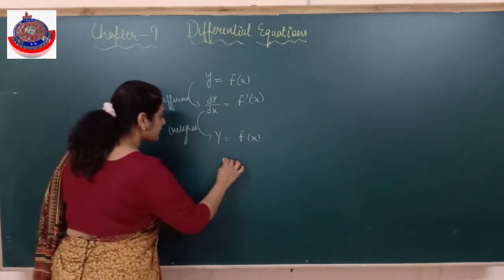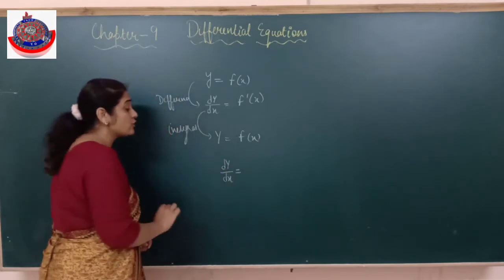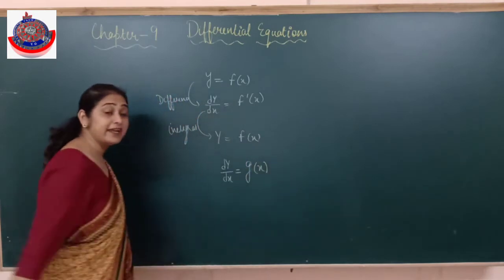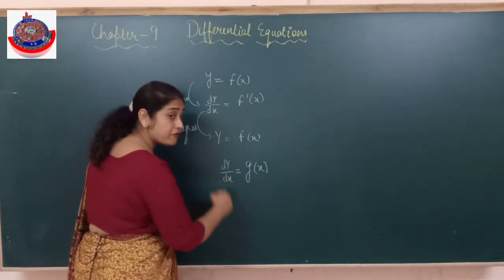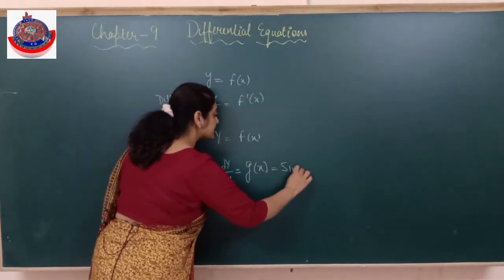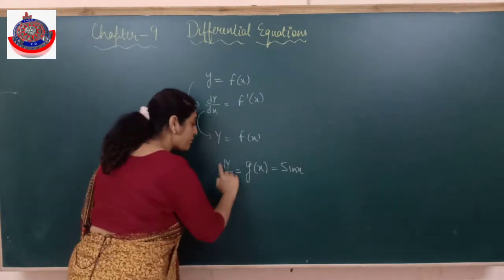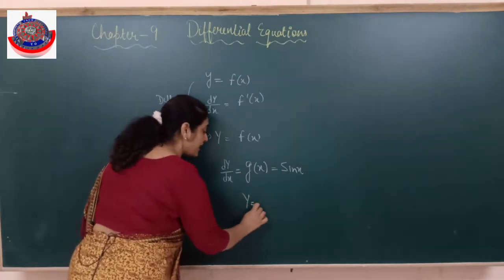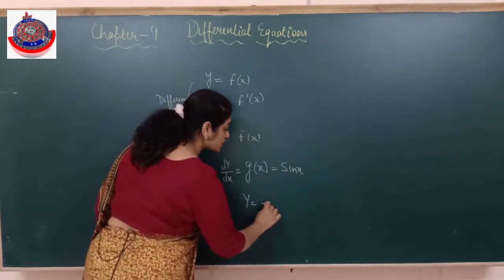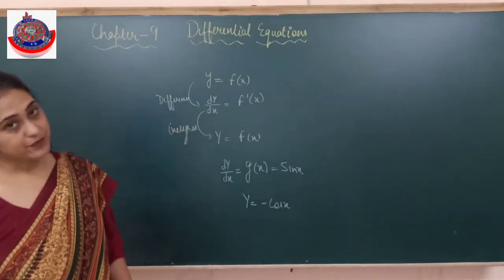That means something of this sort was given to us. Suppose dy upon dx is equal to some function, and I had to find out the function. For example, dy upon dx is sin x. I have to find out the function. Dy upon dx is a derivative, the function would be y. The function is going to be minus cos x. Is it clear?